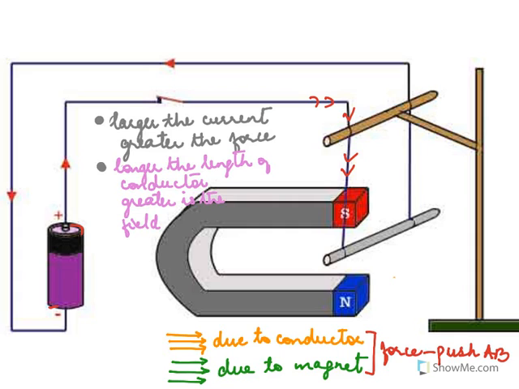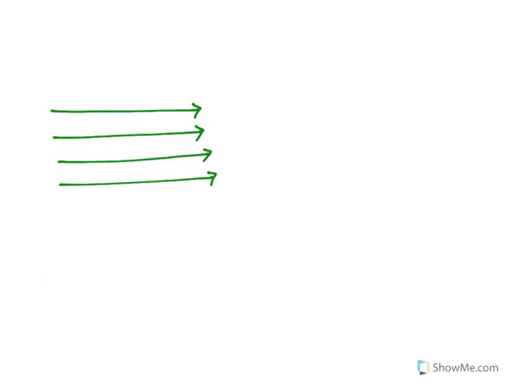It also depends on the angle between the magnetic field and the conductor. So this is the magnetic field, and in this magnetic field we are now going to place a conductor, and suppose we place this conductor perpendicular.